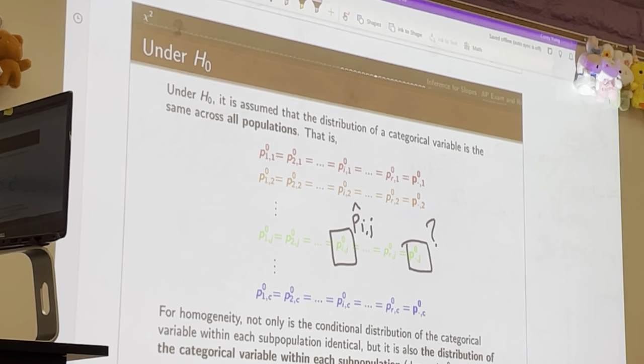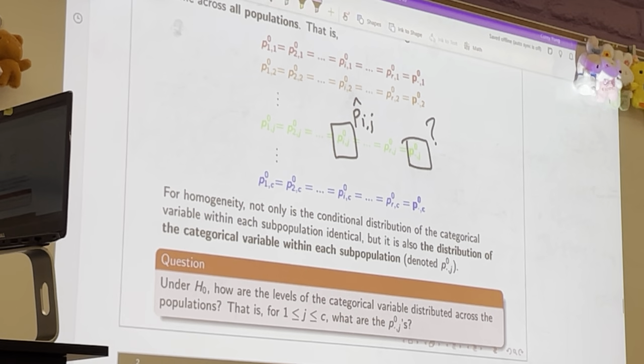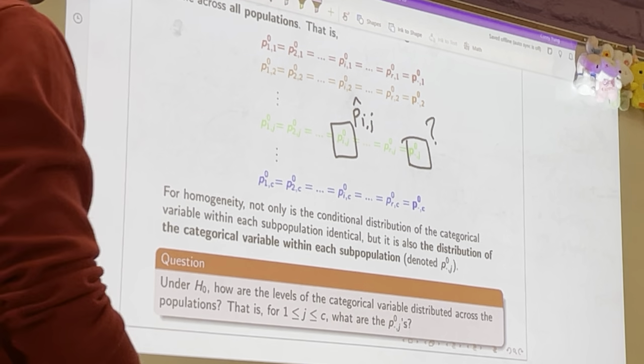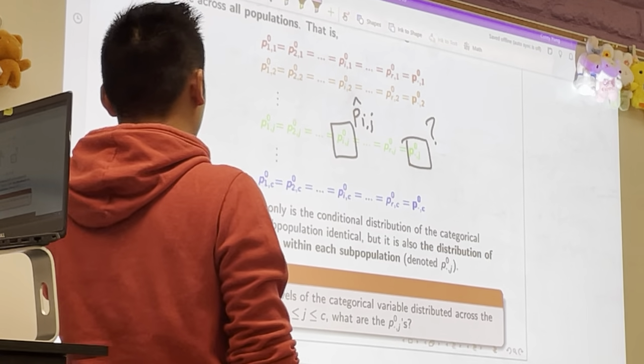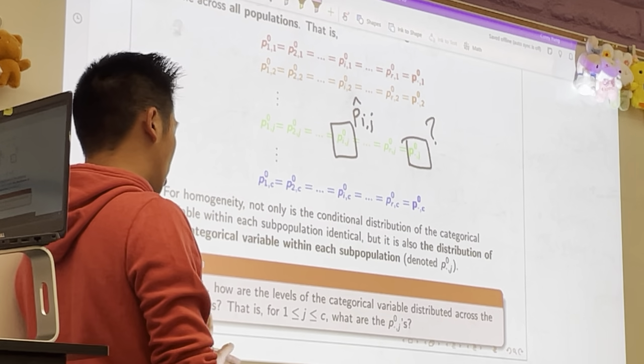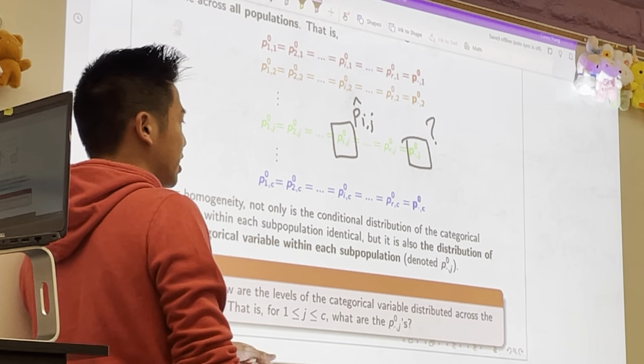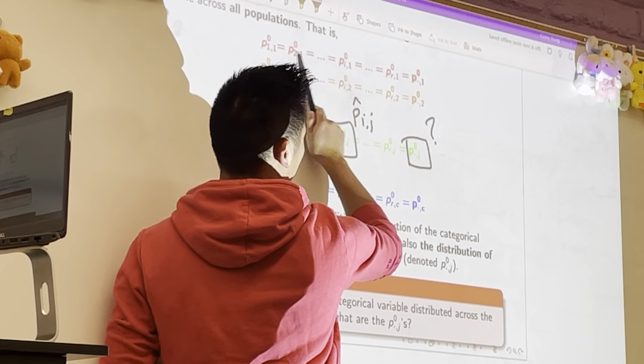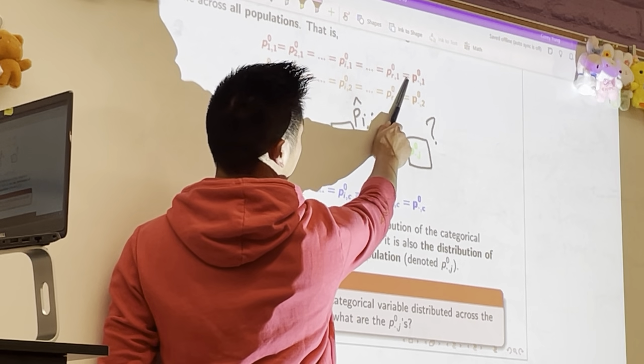So, in this case, the question that we have to ask ourselves is, under the null, how are the levels of the categorical variable distributed across all populations? That is, what are the probabilities of all the p comma j's? So p comma 1, p comma 2, p comma j, p comma c. So this is what is the proportion of all the proportions in red?